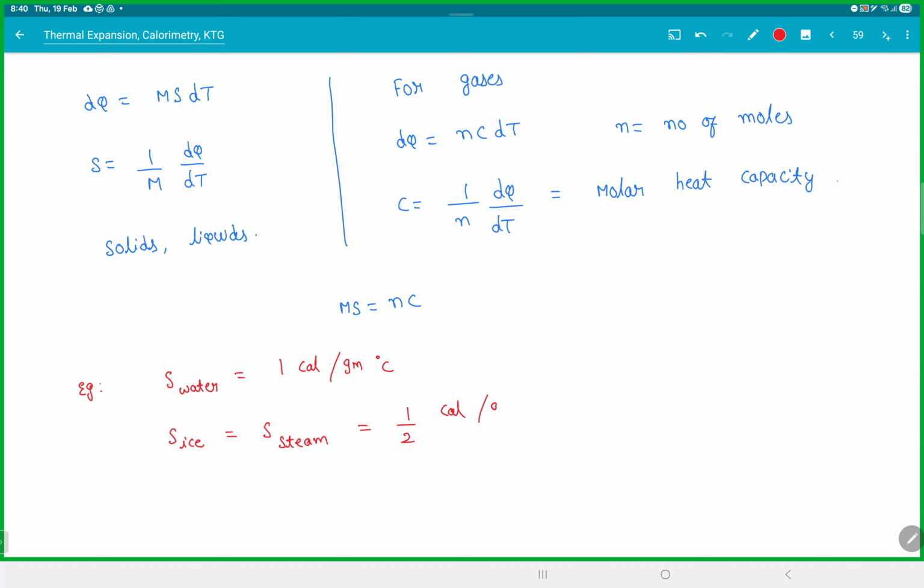So for an ice block, if I give half calorie, the temperature will change by 1 degree, for ice and steam. Generally, they will give you the values, but better you remember them. Clear with this?